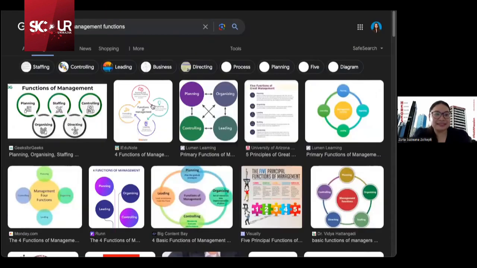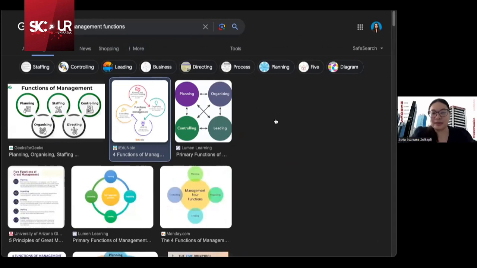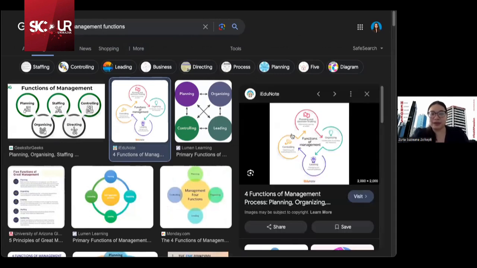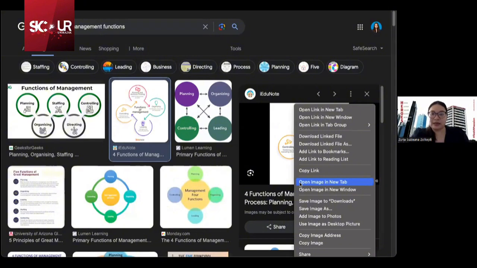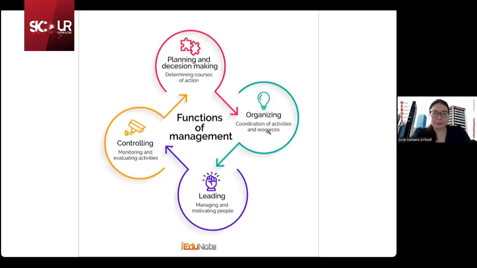For the alphabet, okay, POLC or PLOC, it depends. POLC: planning, organizing, leading, and controlling.